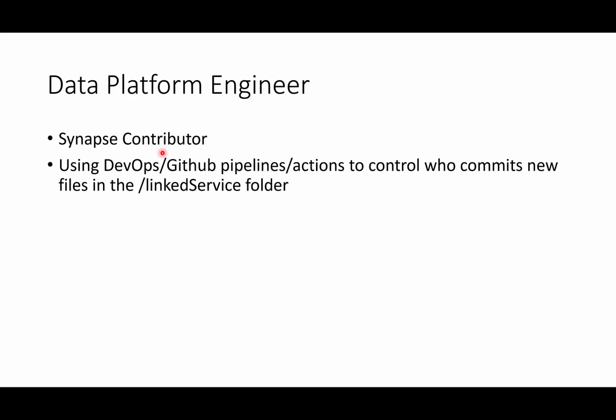If she needs permissions over the dedicated SQL pool, she needs to get access separately, using the create user statement. We complement this with the DevOps or GitHub pipelines/actions to control who commits new files in the linked service folder, as I explained to you. And that's all we need for our data platform engineers.